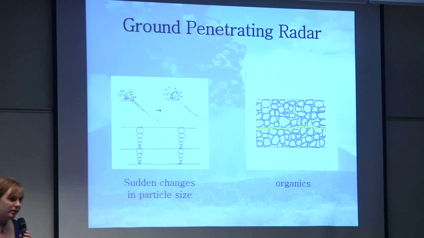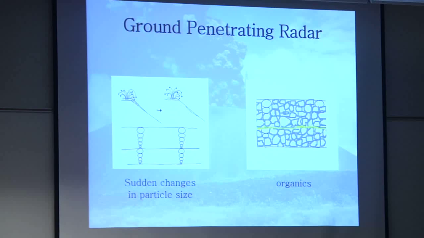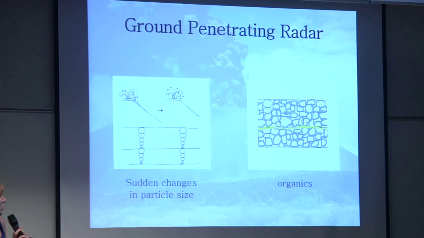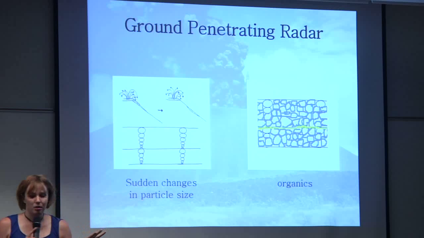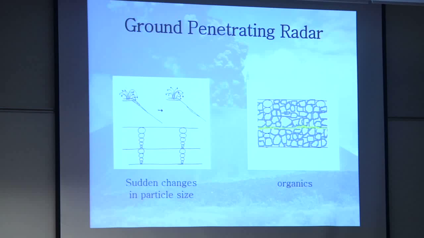Also, if you've had time to build up a soil, that has very different electrical properties, and that will also cause a very strong reflection in the radar. So these on the tephra blanket are the two general things that are going to be causing reflections. And this is great because it allows us to recognize significant changes during eruptions, and also differentiate between different eruptions.